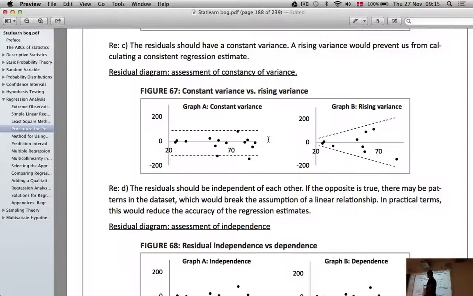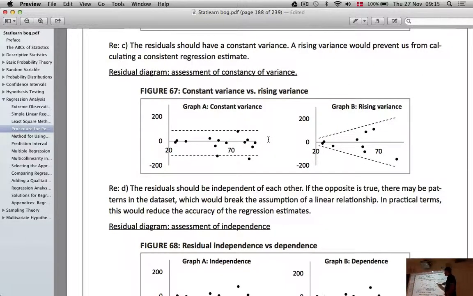So it appears that when the explanatory variable changes, the residuals stay within certain bounds here. They do not appear to show a cone-shaped pattern.